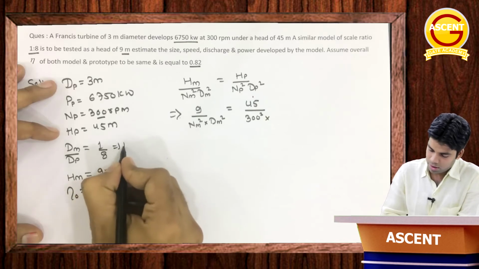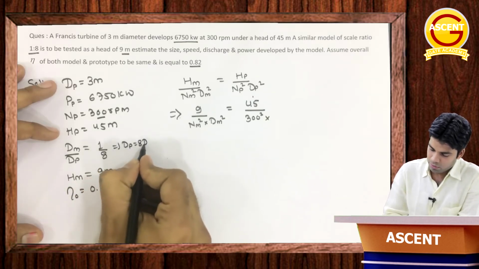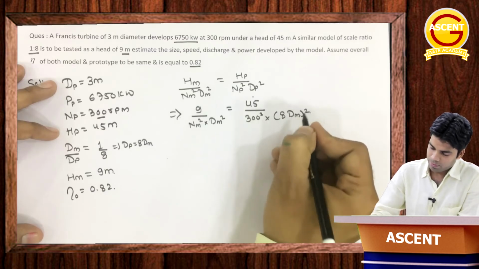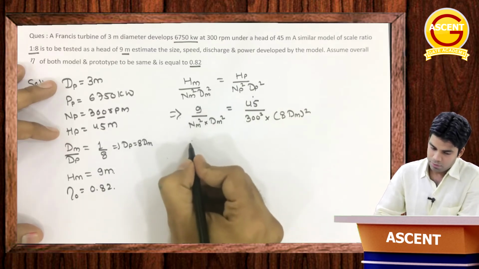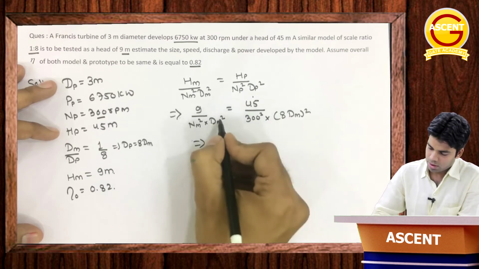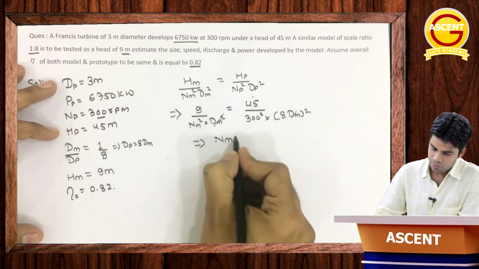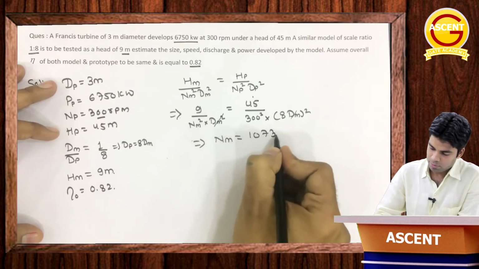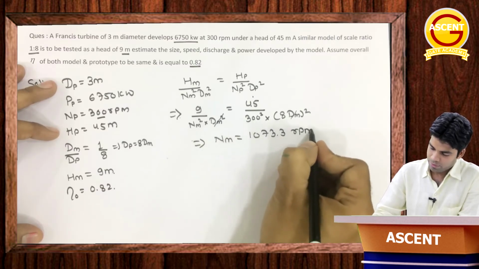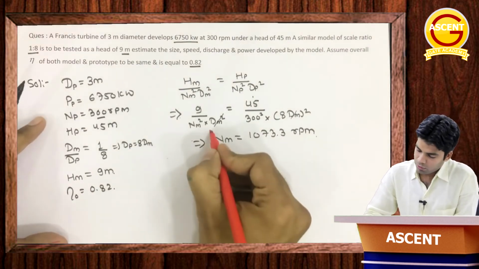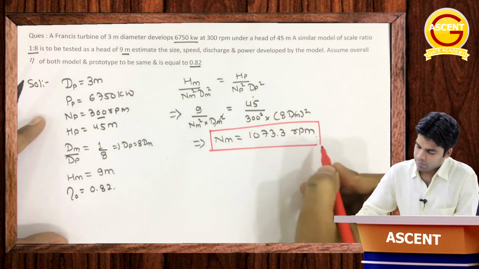From here Dp is equal to 8 times Dm, so this will be 8 Dm whole square. Now from here Dm square will be cancelled out, and we can determine the value of Nm, which will be equal to 1073.3 rpm. So this is how we can determine the speed of the model. Getting this?